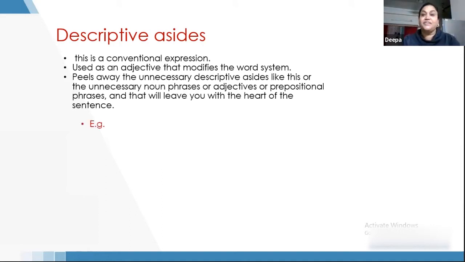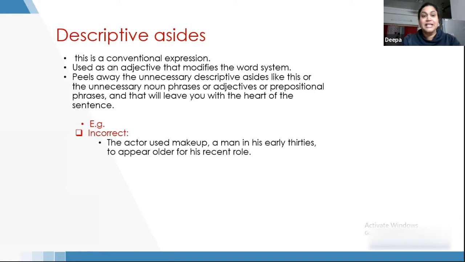Okay, for example, the actor used makeup, a man in his early 30s, to appear older for his recent role. Now, when you see this sentence, we see that the actor was basically in his early 30s. So what do you feel?